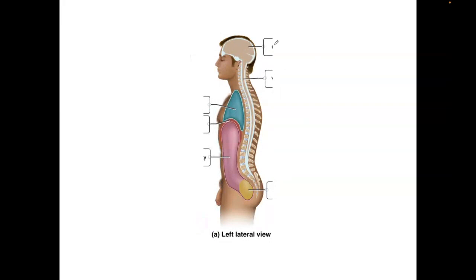Okay, so here, this is called the cranial cavity. This is called the vertebral cavity. This right here, that's the pleural cavity. And this one here is the peritoneal or abdominal pelvic. Okay.